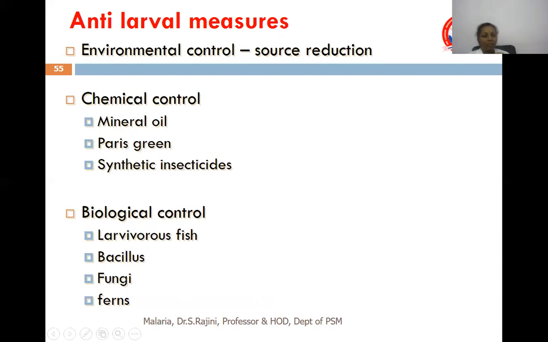And biological control by introducing larvivorous fishes in ponds wherever necessary, and Bacillus thuringiensis, fungi, and ferns can be introduced so that they kill the larvae. So this comes under anti-larval measures: environmental control, chemical control and biological control.